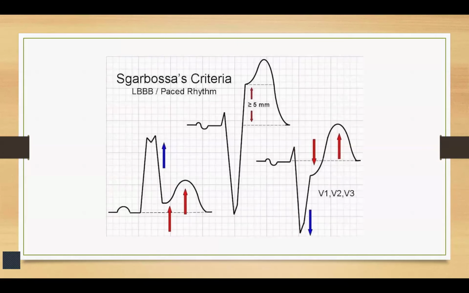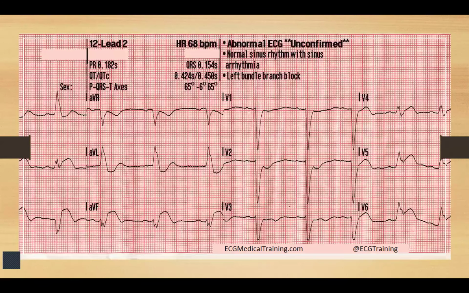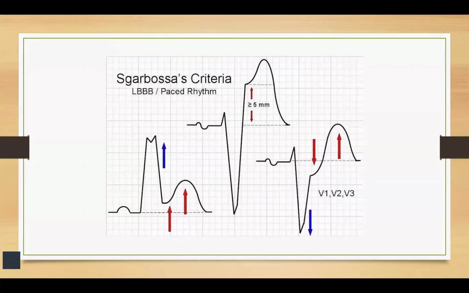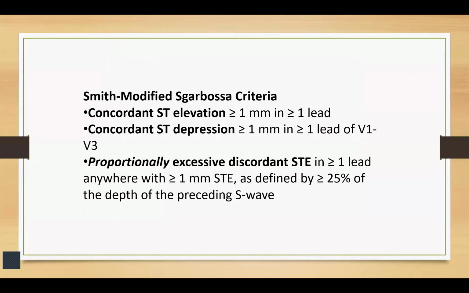And in V1 through 3, we have predominantly negative in this one, and then we want elevated there.